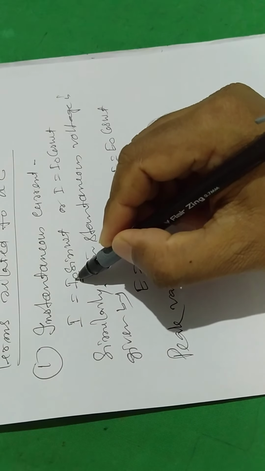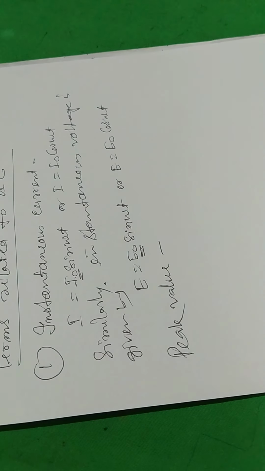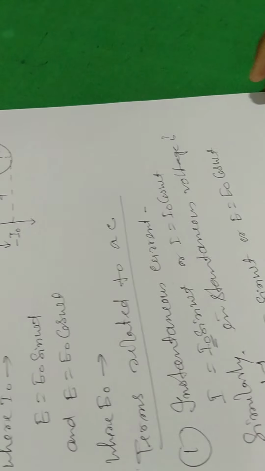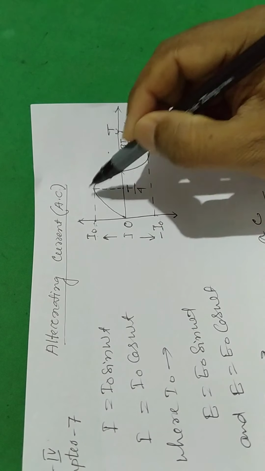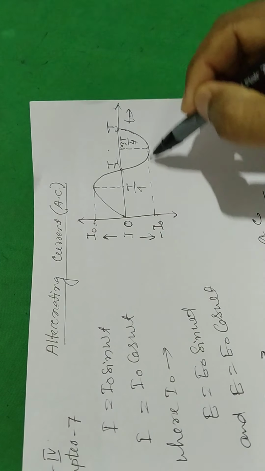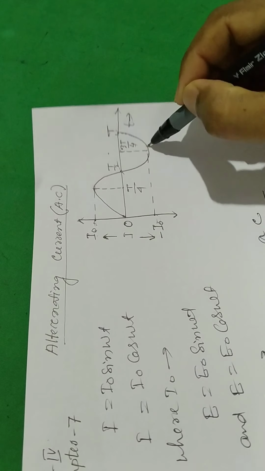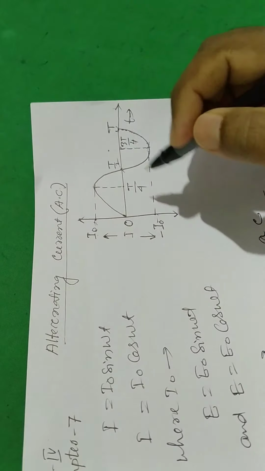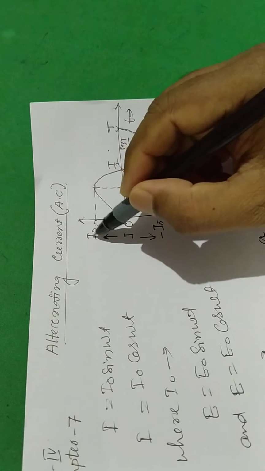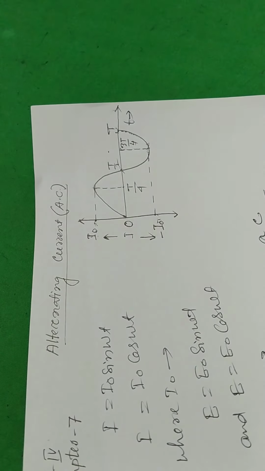I naught is the peak value of alternating current. If you see the diagram here, this is the peak value for current, I naught, and in the other direction minus I naught. This is the peak value. The same diagram we can show for EMF. We write E naught, here minus E naught.